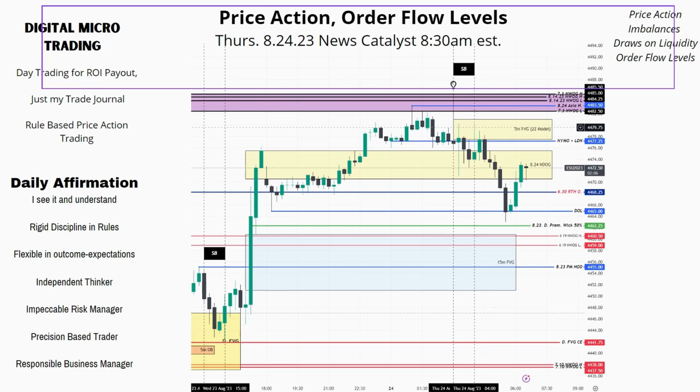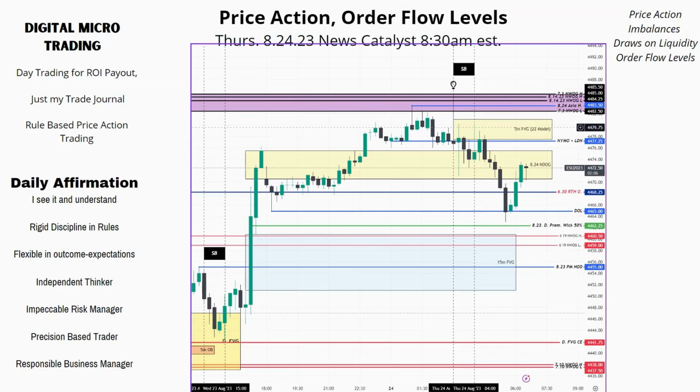So London opens at the same level in price. That is a key level, because you don't see it the majority of the days, where it's exactly, to the tick, price matching New York midnight open and London open. That's very uncommon. So that's telling us something right there.